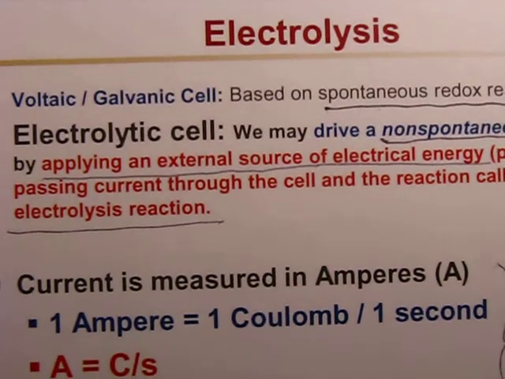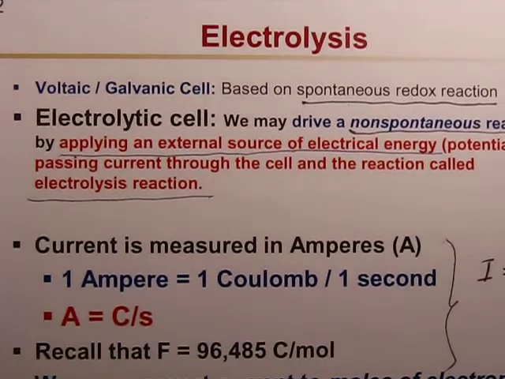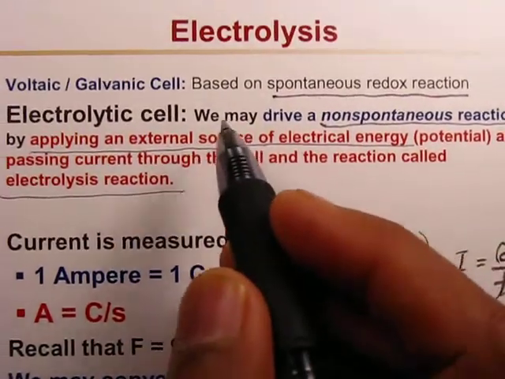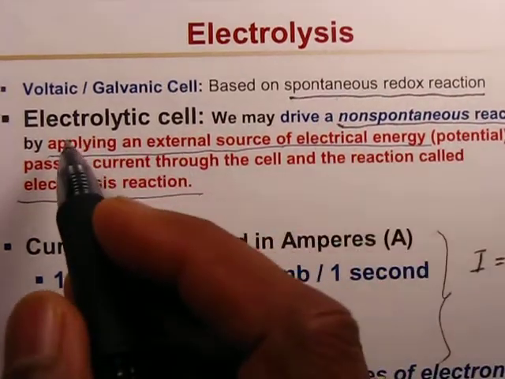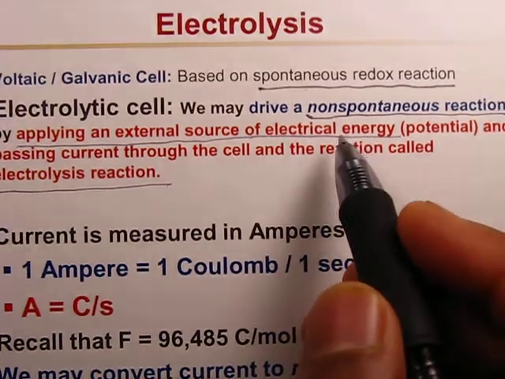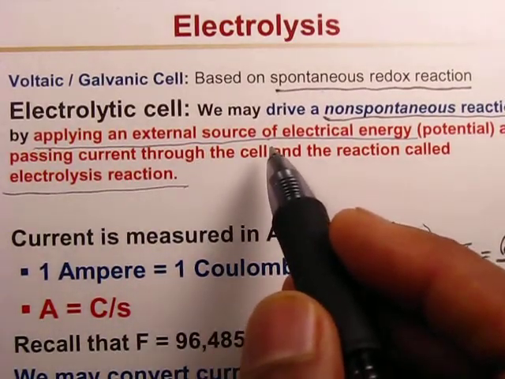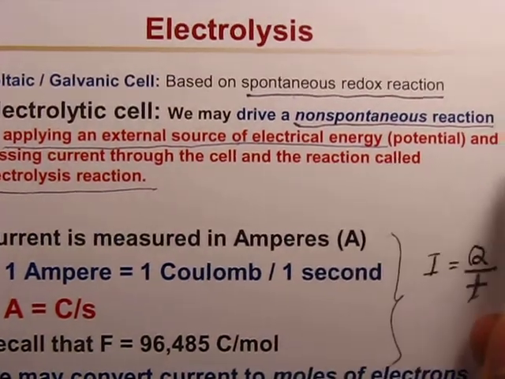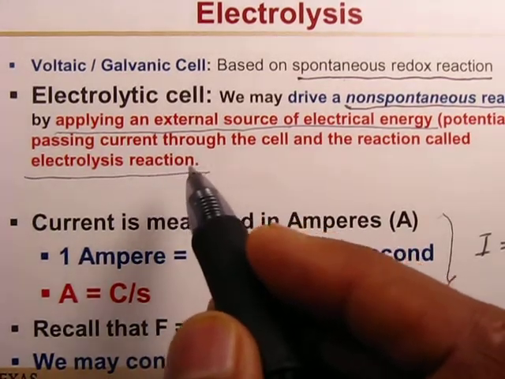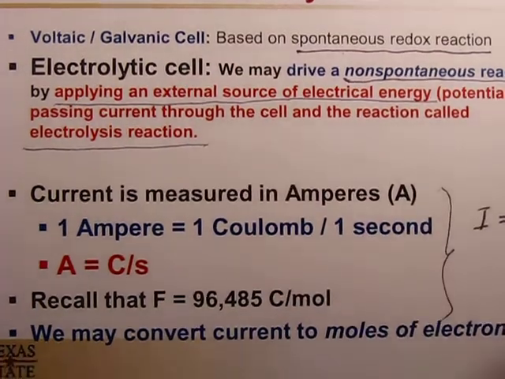And let's talk a little bit more about electrolysis once again. What is electrolysis? Based on spontaneous redox reactions in galvanic cells, in electrolytic cells we have to drive a non-spontaneous reaction by applying an external source of electrical energy, potential, and passing current through the cell, and the reaction is called an electrolysis reaction.